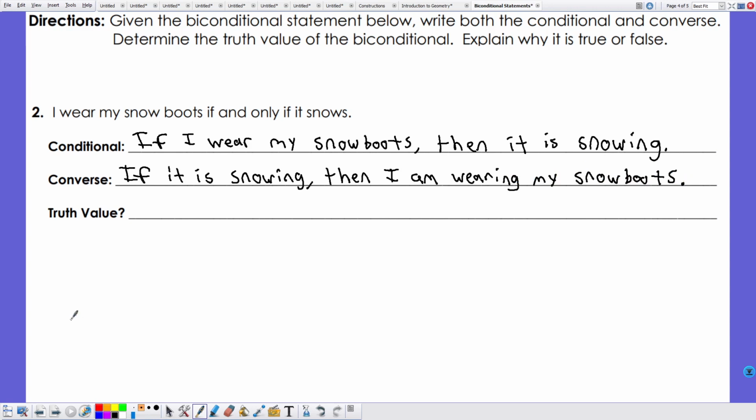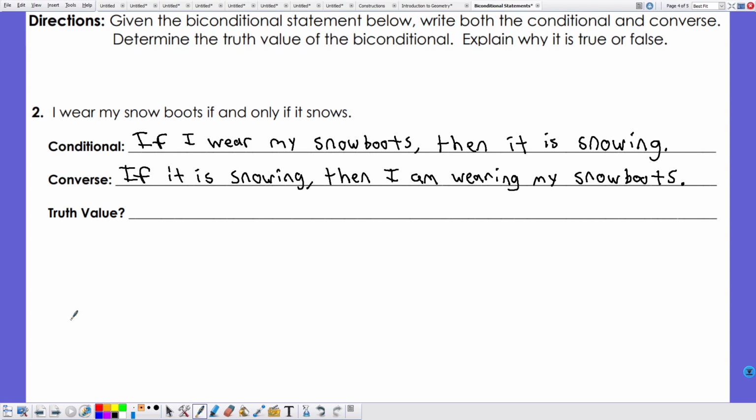So, what is the truth value? Well, take a look at each part. If I wear my snow boots, then it is snowing. The original biconditional is just I wear my snow boots if and only if it snows.